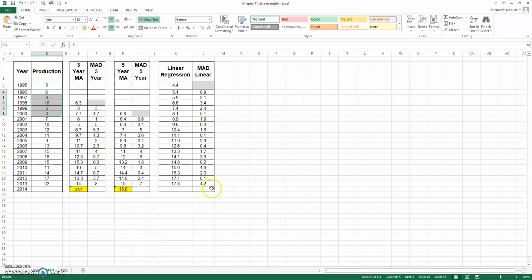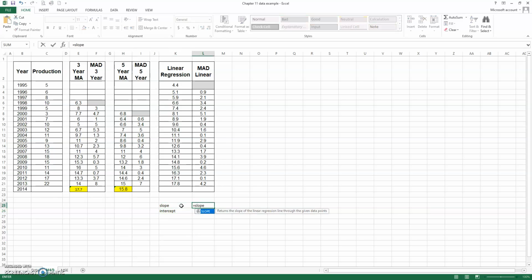We can also calculate the slope and intercept. Let's put these values here. We use Excel to help us find the slope: the known y's over all of the x's. The intercept is the same thing: the y values first, what we are predicting, and then what we are using to make that prediction.